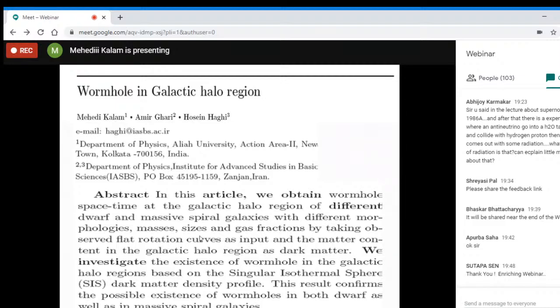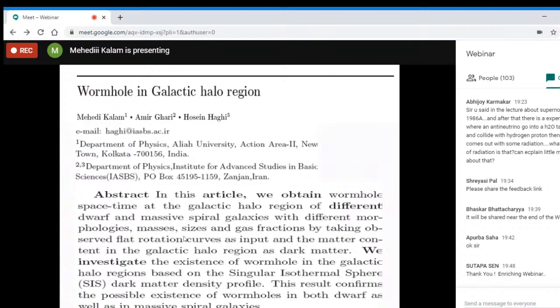For that we take 50 different galaxies: 25 dwarf galaxies and 25 massive spiral galaxies. We took the rotation curve data for the 25 dwarf and 25 massive galaxies, and from that experimental data we want to check whether we can construct the wormhole or not.